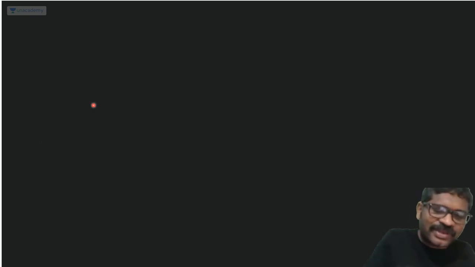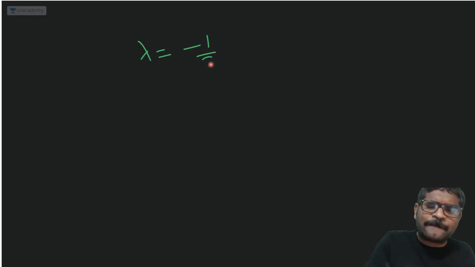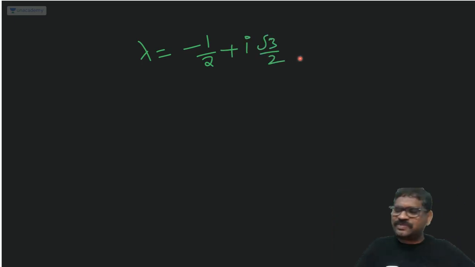For example, the eigenvalue lambda equal to minus 1 by 2 plus i root 3 by 2. Sir, can it be an eigenvalue of a unitary matrix or not? Possible. Why?